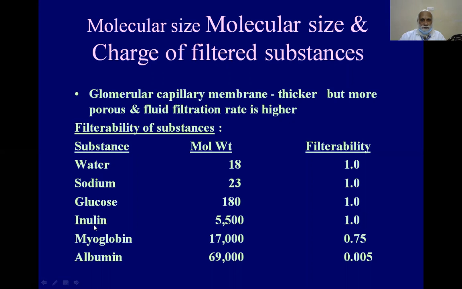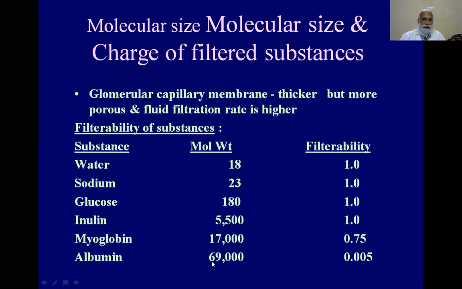Even inulin, though much bigger than sodium and glucose, is filtered completely. Myoglobin, about 17,000, is filtered to a large extent, about three-fourths, 0.75 filterability, which is 75%.